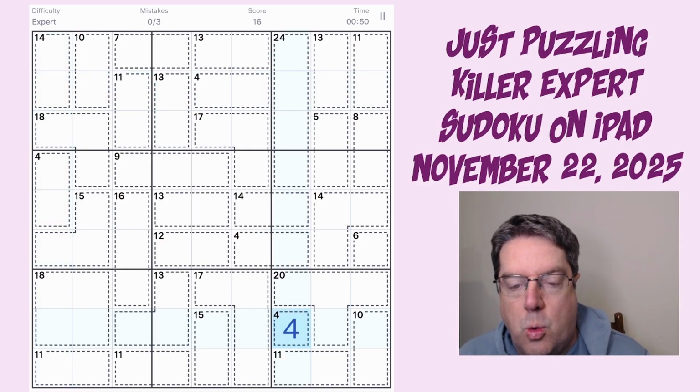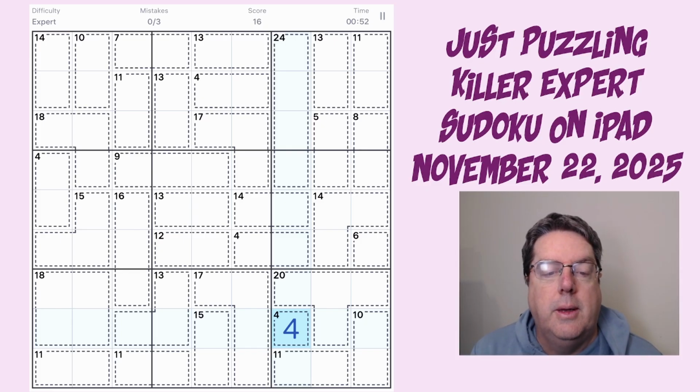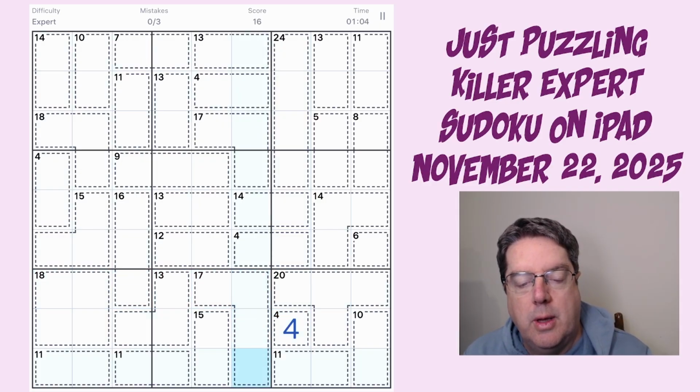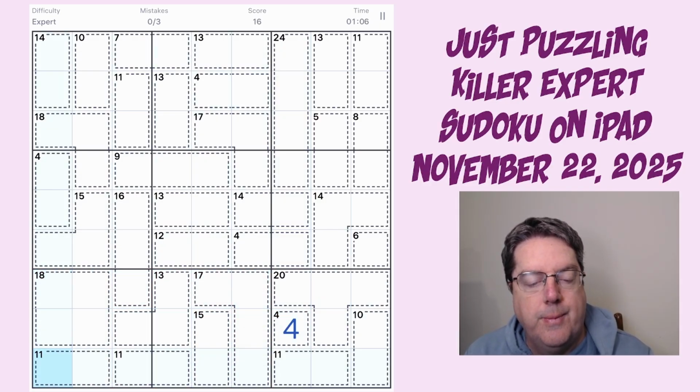Alright, so for one thing that I didn't say that isn't necessarily a rule, but it comes in handy, is that 1 through 9 adds up to 45. So why that's important is these two boxes here have full cages everywhere except for that one cell there.